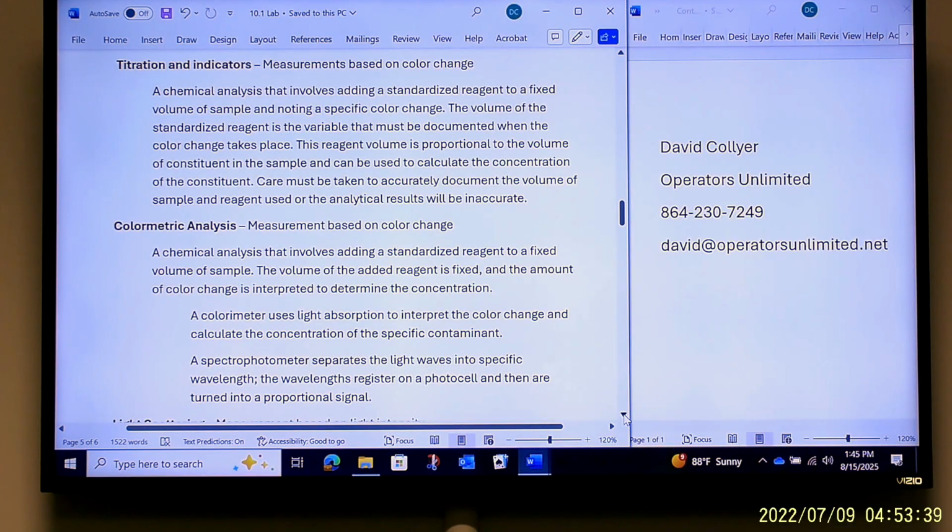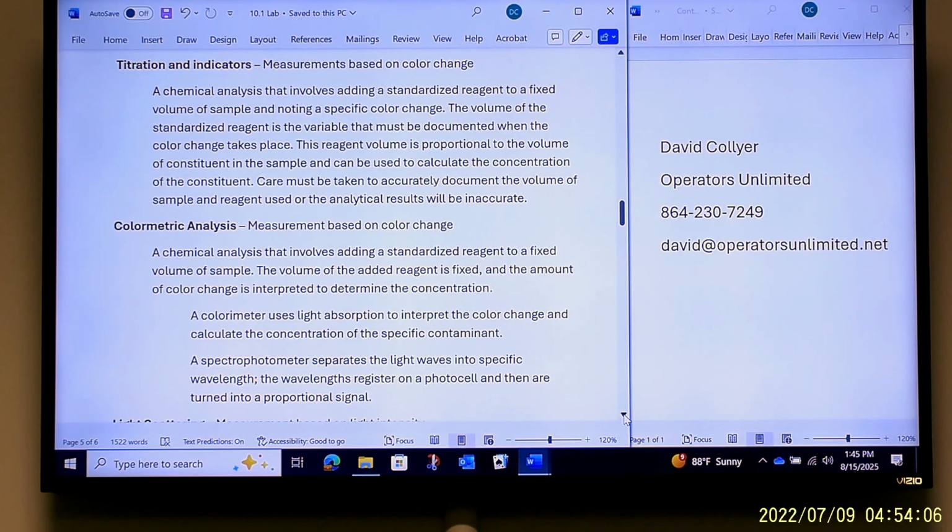Now we're going to a colorimetric analysis. Again, this is a measurement based on color change. This is a chemical analysis that involves adding a standardized reagent to a fixed volume of sample. The volume of the added reagent is fixed. The amount of the color change is interpreted to determine the concentration.